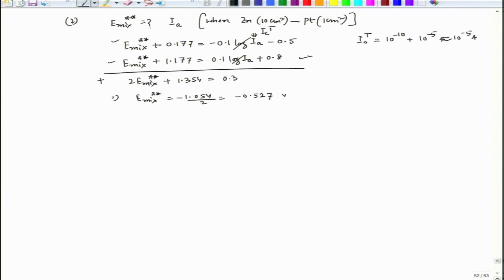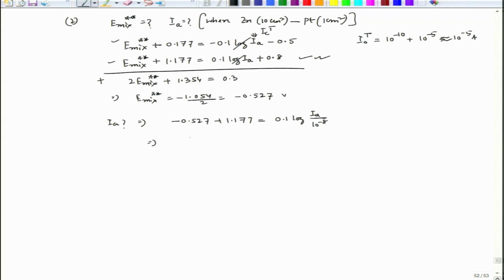Then we can take this equation to find out IA. So, we can solve equation 2. Minus 0.527 plus 1.177 equal to 0.1 log of IA divided by 10 to the power minus 8 ampere.